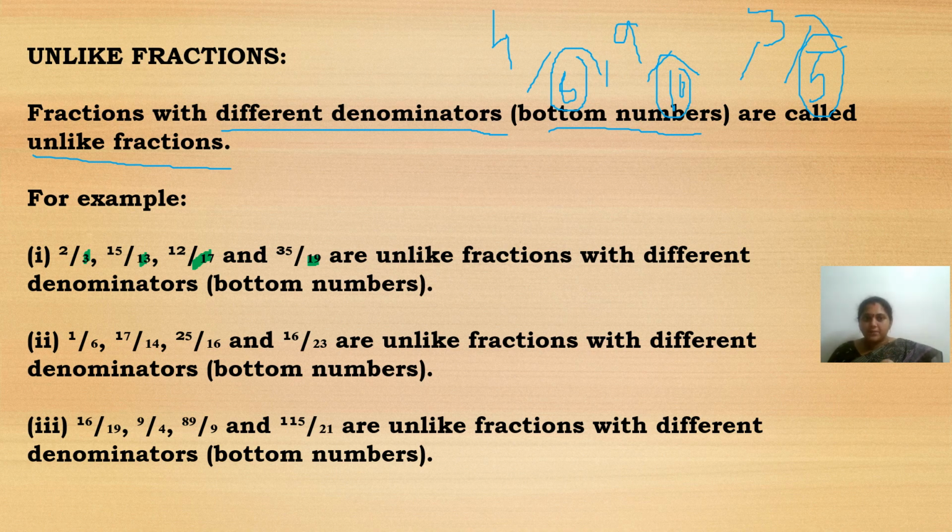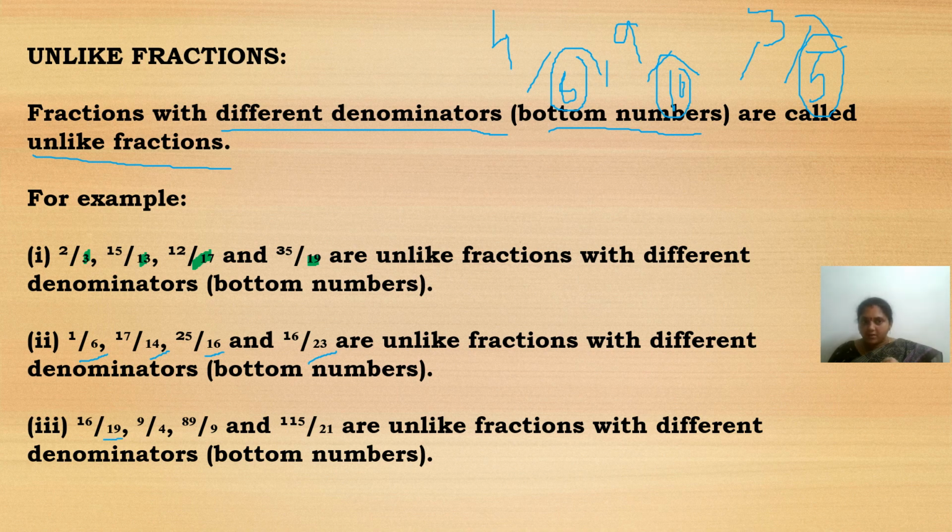Now one more example we will see. It is 1 by 6, 17 by 14, 25 by 16, 16 by 23. If you observe the denominators 6, 14, 16, 23, all the denominators are different here. So, such types of fractions are known as unlike fractions. One more example: 16 by 19, 9 by 4, 89 by 9, 115 by 21.